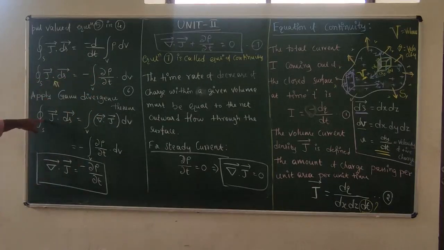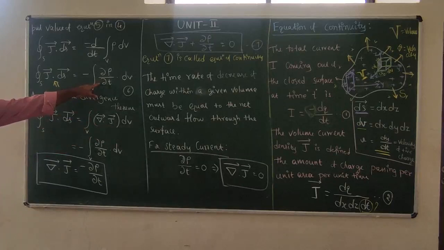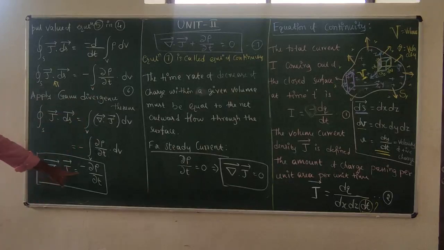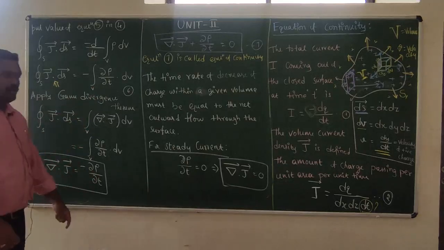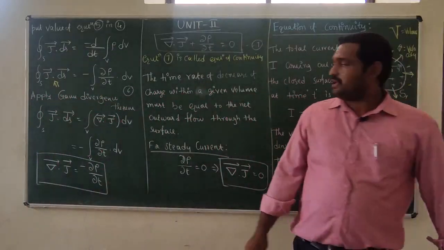We will get the closed surface integral of j dot ds, which is equal to the volume integral of divergence of j dv. Now on both sides we have a volume integral. Remove the volume integral, and we get divergence of j is equal to minus dou rho by dou t, which is the law of conservation of charge, or the continuity equation.